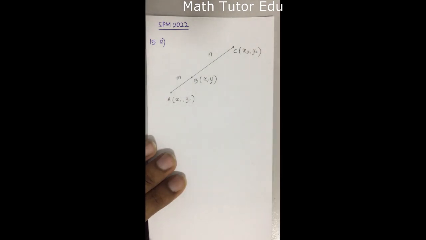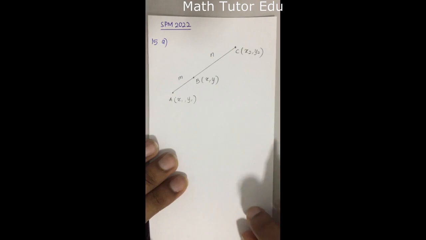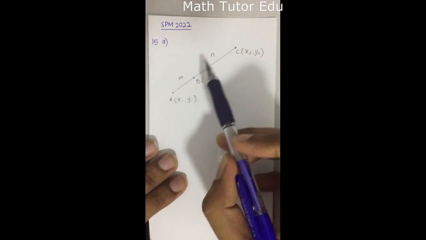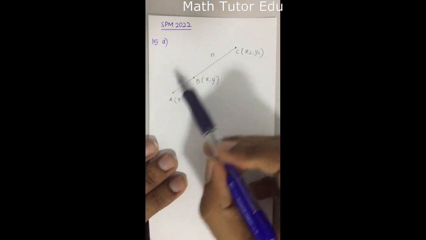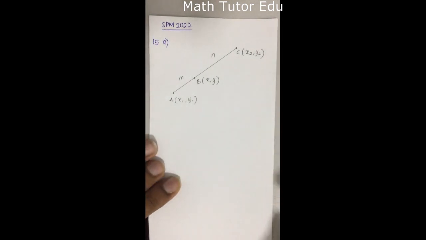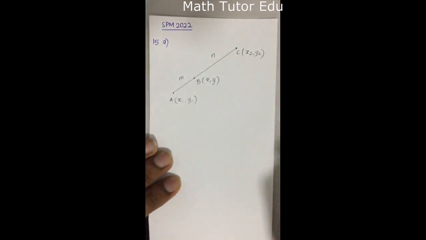Sounds confusing? Don't worry, I'm going to show it to you now. We're going to compare the two straight lines in terms of the ratio provided by the question. Let me guide you one by one. So let us begin with the segment n first.